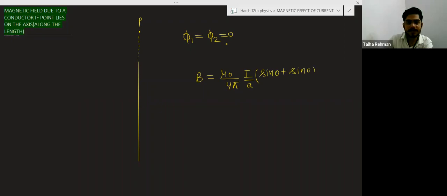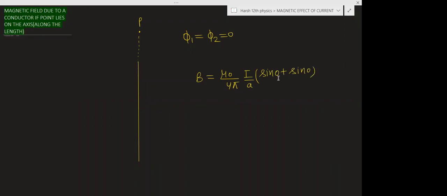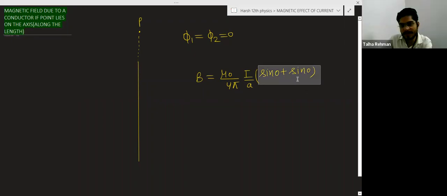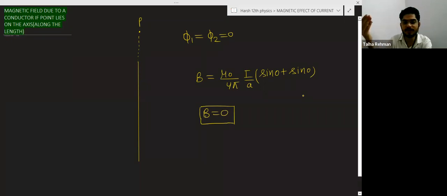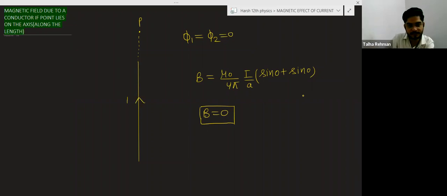This whole thing becomes 0, and multiplying with it, the magnetic field will be 0. So if a point lies on the axis of the wire or along the length of the wire, there is no magnetic field due to that current carrying wire. Just please note it down.